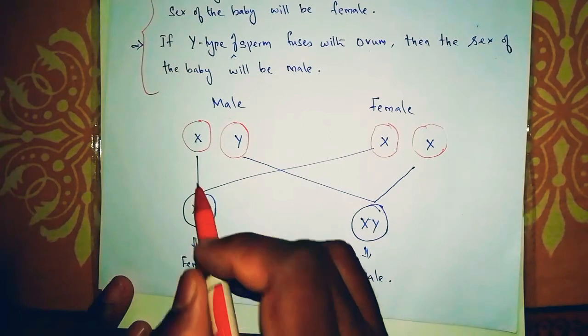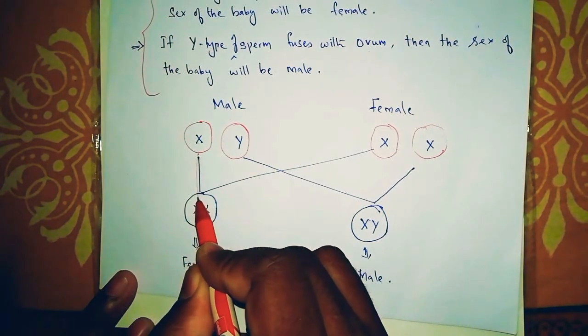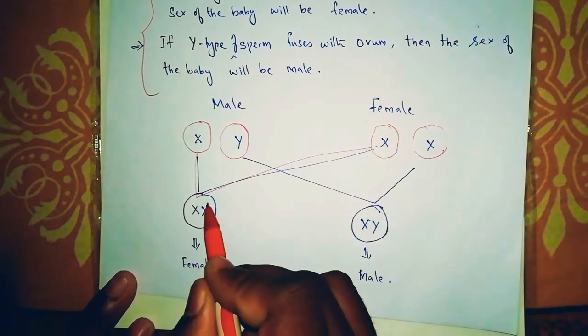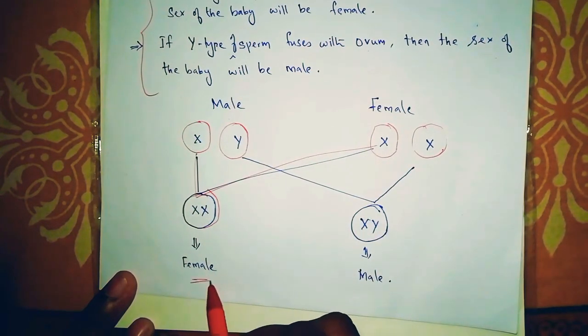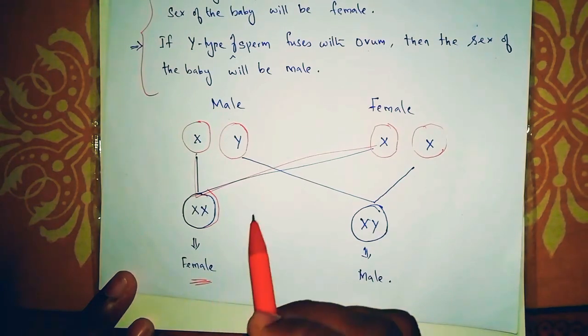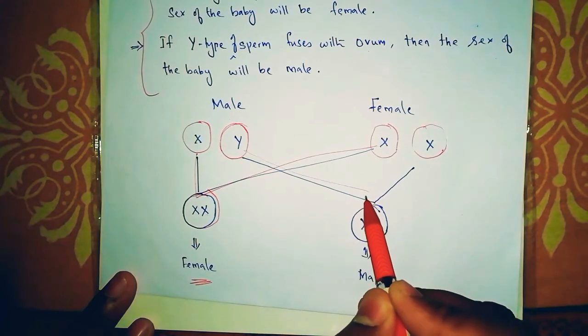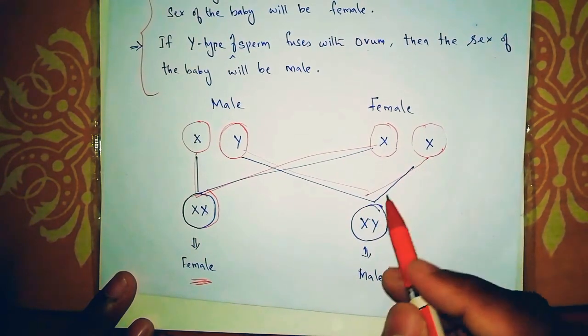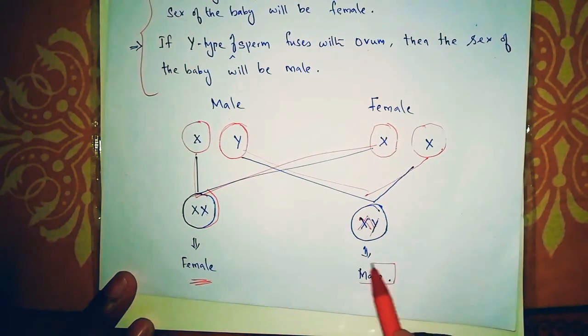If a male X fuses with a female X, then XX will be formed, and that is female only. Suppose a Y gamete fuses with a female X gamete, then it will be XY, that means a male child will be born.